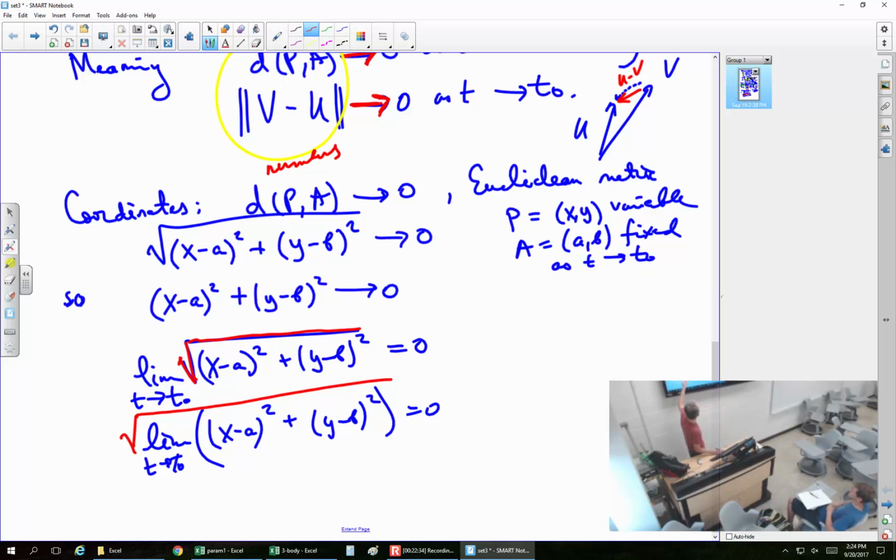As you can see, I'm removing the square root. Here, this square root was inside. Now it's on the outside. How come? Well, this is okay because the square root is a nice function. Because it is continuous.